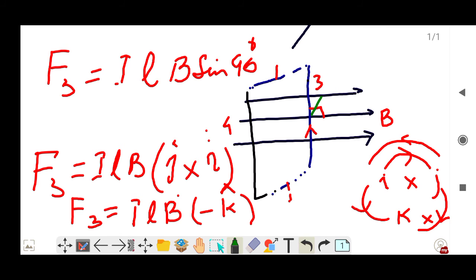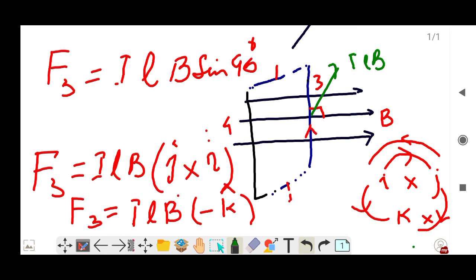So that is going in this way. This is going into the board, and this force is I, L, B, and the direction is K, that means going into the board.